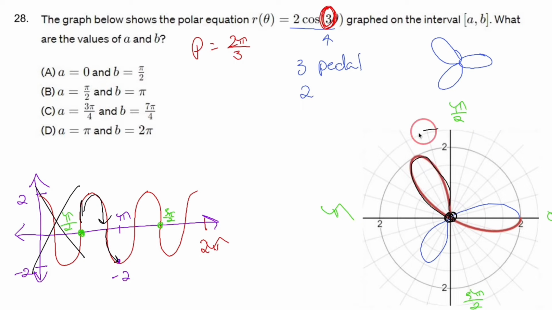As we go from pi over 2, we hit negative land and have a negative distance, which goes the opposite direction of what's going on over here. So what we have is a graph on pi over 2 to pi.